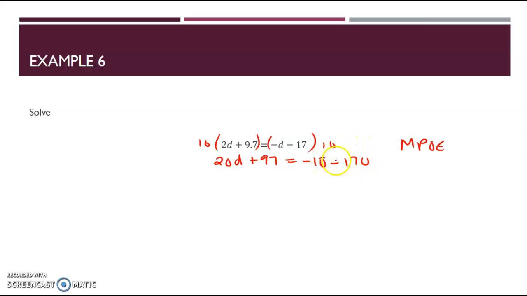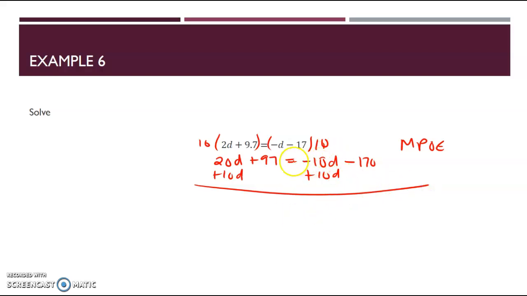Now, oops, silly me. I'm just erasing a whole bunch of stuff. Next to this 10 should be a d, negative 10d minus 170. Alright, so I would rather have positive variables, so I'm going to add 10d to both sides.